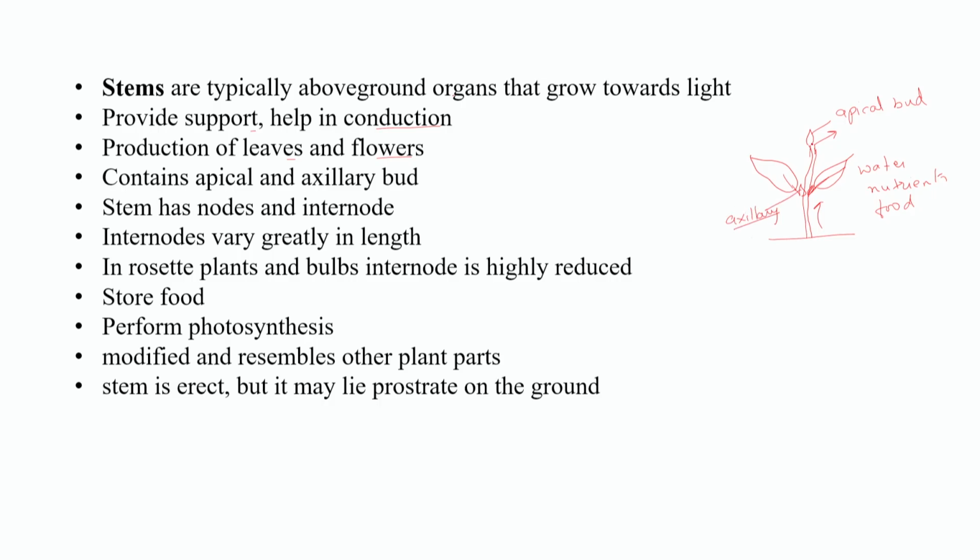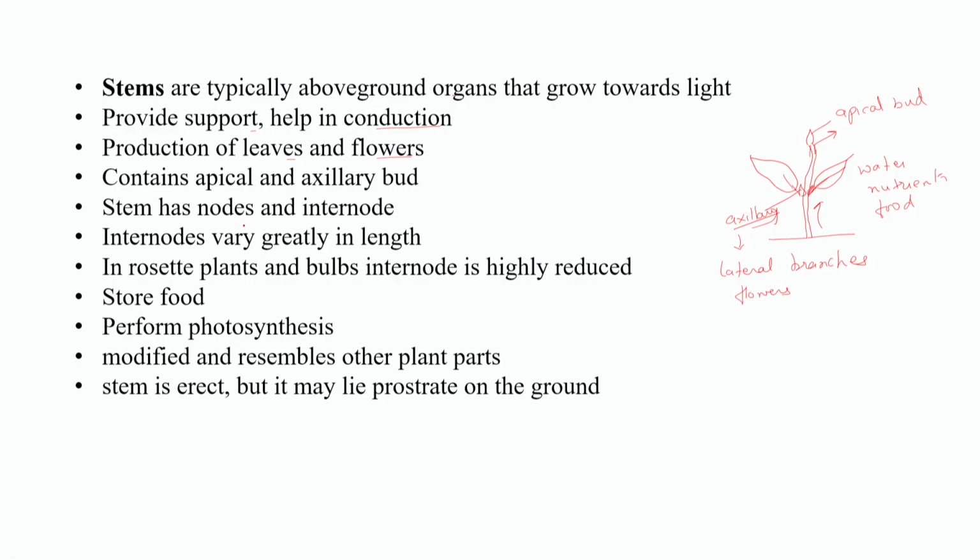The apical bud increases the height of the plant, and it contains the apical meristem, the growing point, which is responsible for increasing the length of the plant. The axillary bud gives rise to lateral branches, and flowers also come out from the axillary bud.